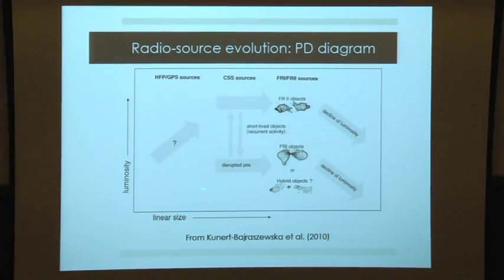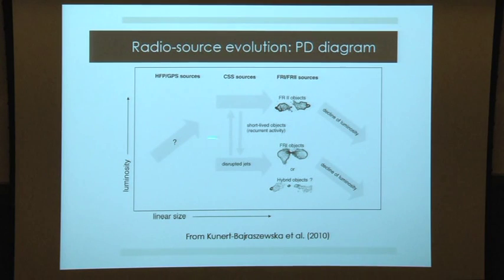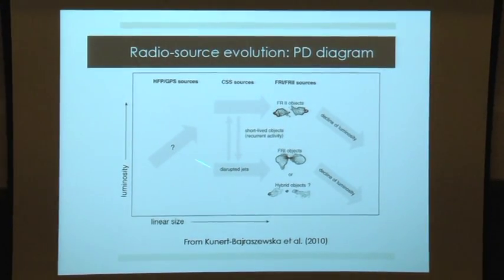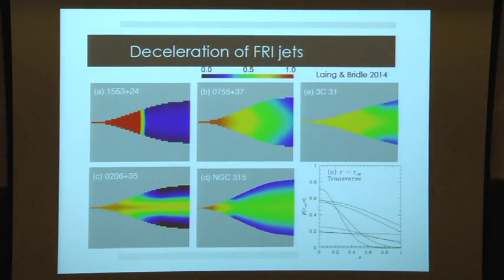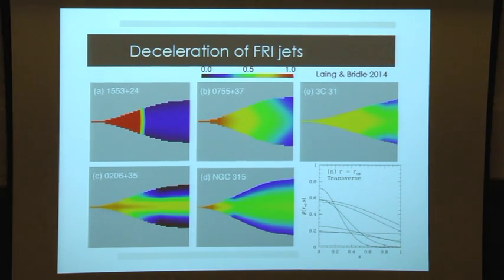So what are the processes that are bringing the FR1s here, or even some of them down to smaller linear sizes? As an introductory note, Laing and Bridle last year published a paper in which they showed trends for FR1 jets that show continuous deceleration along the jet.